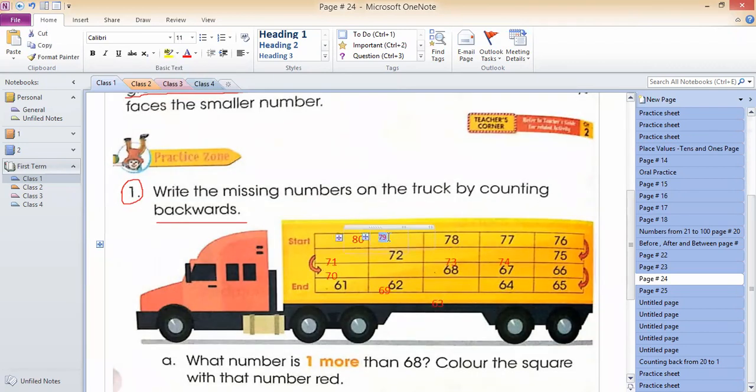So guys, again, you will check now the counting. This is 61, 62, and then 63, 64, 65, 66, 67, 68, and 69, 70, 71, 72, 73, 74, 75, 76, 77, 78, 79, and 80.